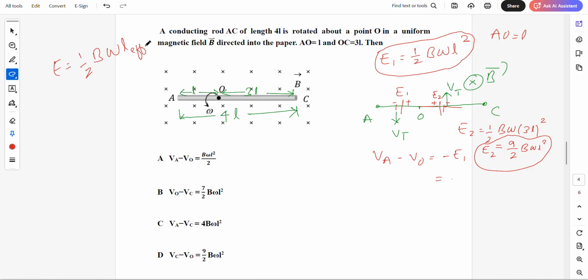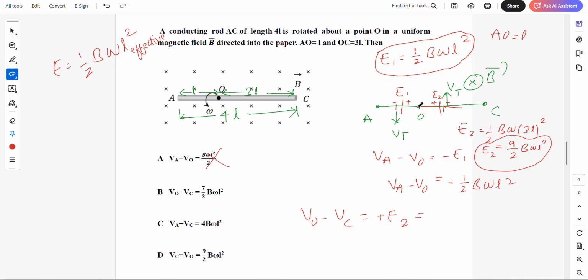L effective is L here, and L effective is 3L there. Now, what is VA minus VO? That is minus of half B omega L square. The plus that is written is wrong. We'll see VO minus VC. VO minus VC is what? If I move like this, I'm getting positive. This is plus.